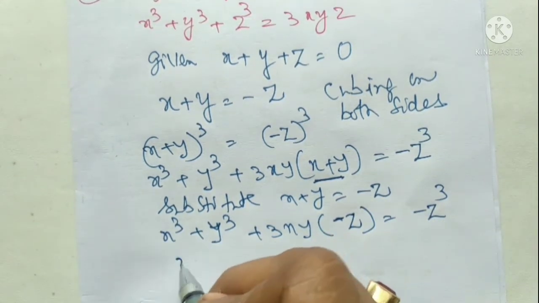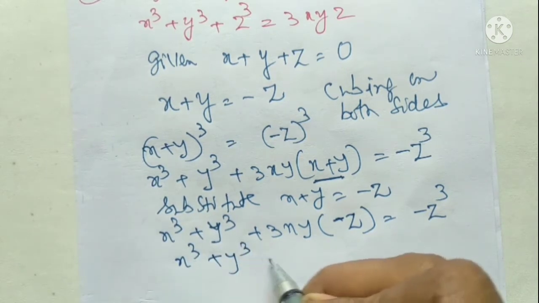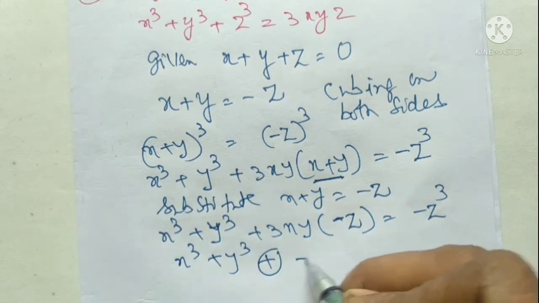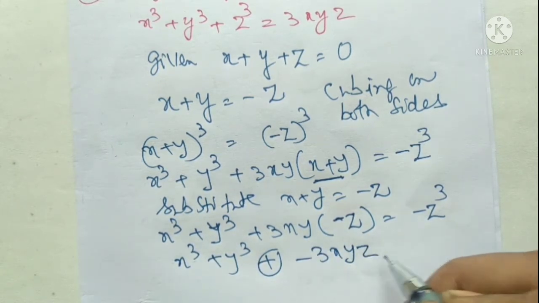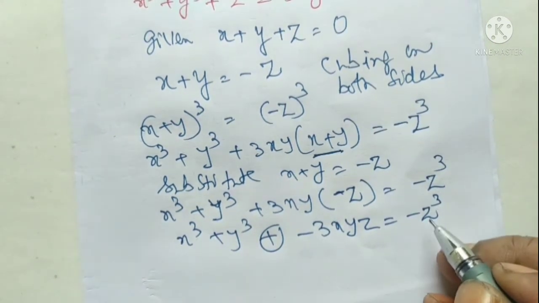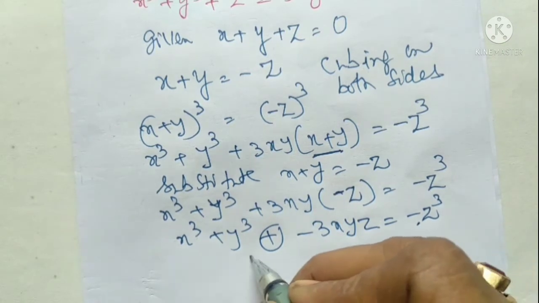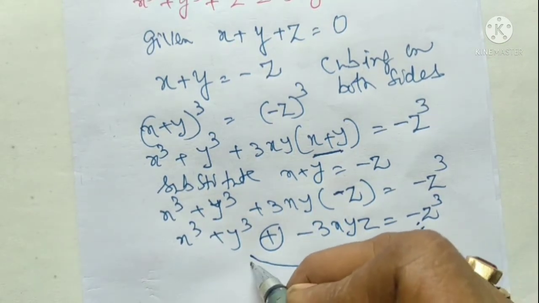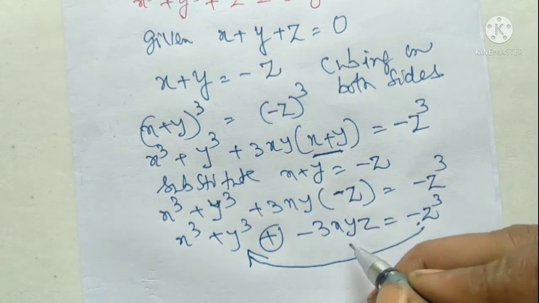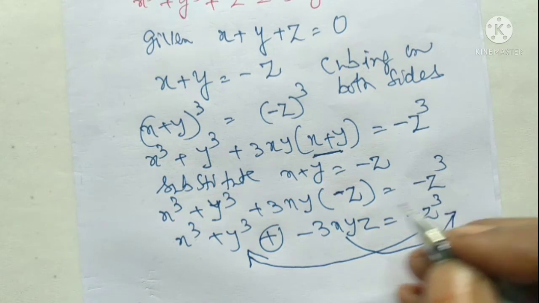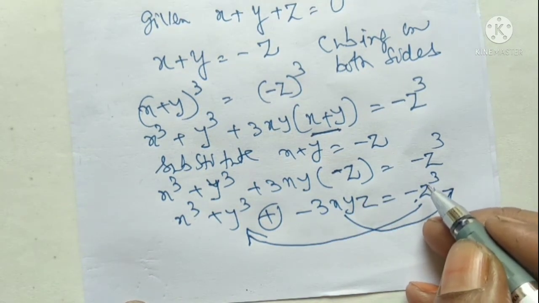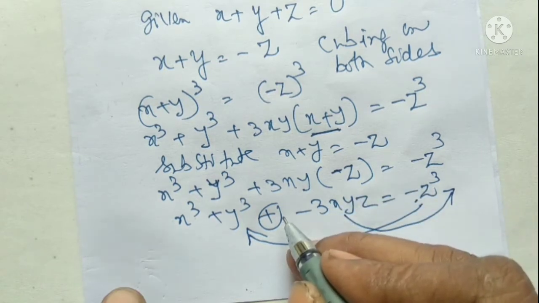So it is x cube plus y cube plus 3xy into minus z, which is minus 3xyz, is equal to minus z cube. Now here, this minus z cube I am transposing to LHS, and this 3xyz I am transposing to RHS. Then what will happen? This minus z cube, when it is transposed to LHS, will become positive.